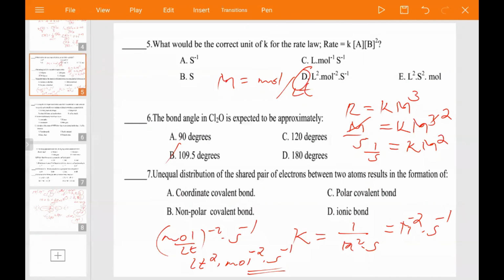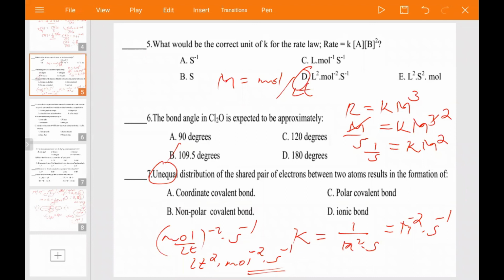Is it clear? Okay, number 7, if you have a question, ask. Number 7: unequal distribution of the shared pair of electrons between 2 atoms results in the formation of what? Unequal, this is the point. Between shared pairs of electrons, there may be equal distribution or unequal distribution.